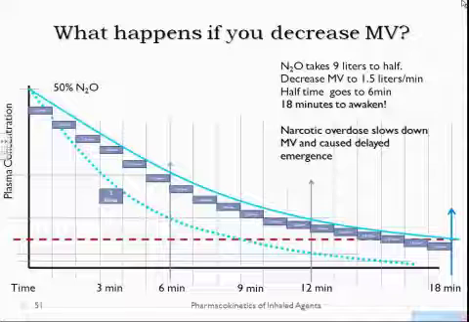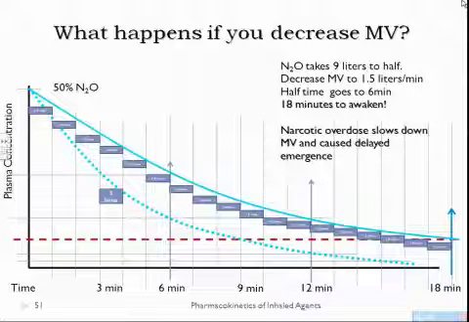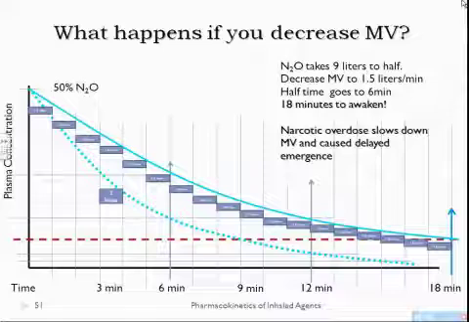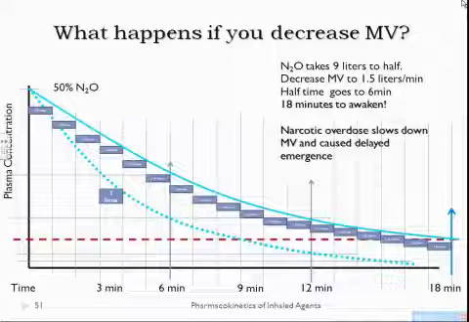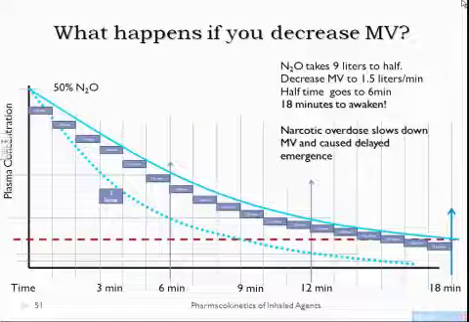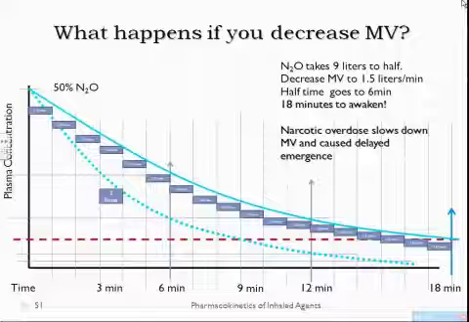Does this make sense to you guys? This is actually a really difficult concept. I teach this all the time, and it's really very hard for people to get this initially until they play with this. Now, the benefit of learning this method is that no matter what the agent that you use, if you learn what the blood gas partition coefficient is and you learn what the liters per minute that you got to blow off, okay, then you can actually predict when that person is going to be extubated.